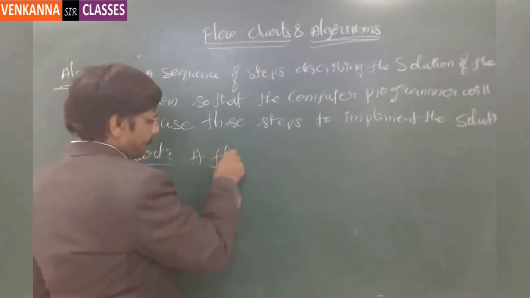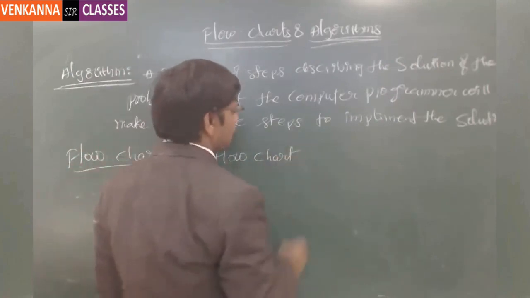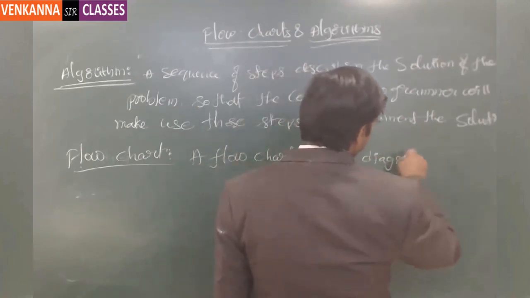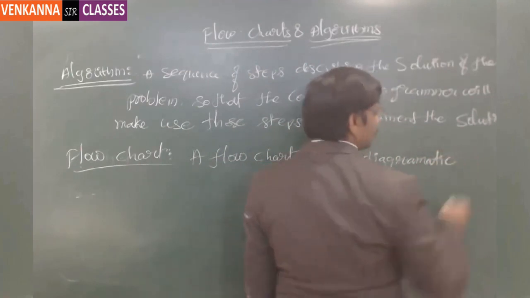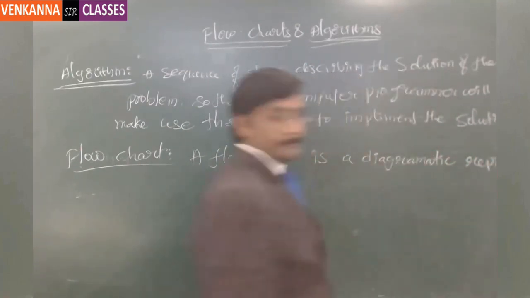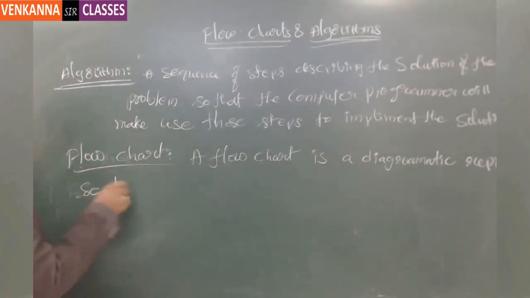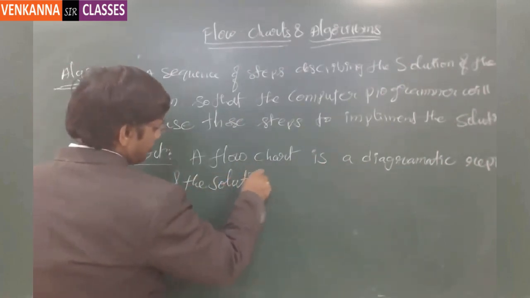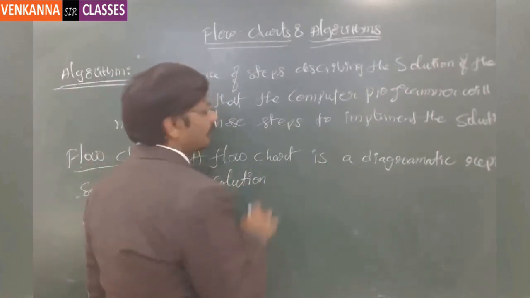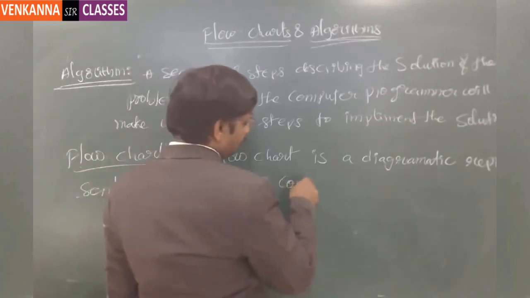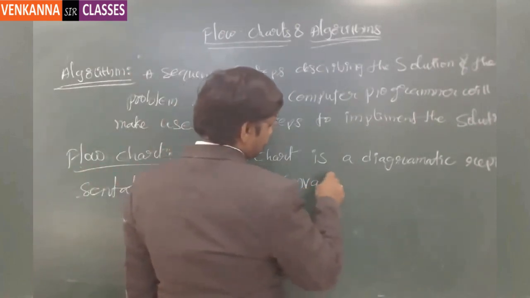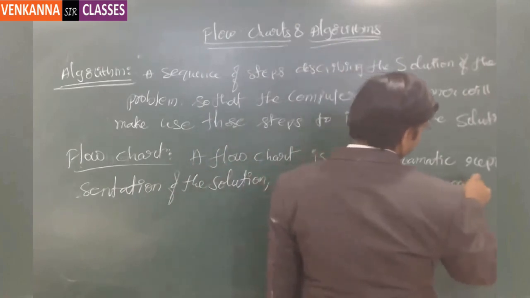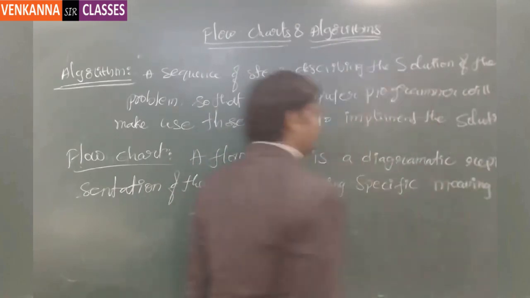A flowchart is a diagrammatic representation of the solution, conveying specific meaning for each symbol that was used.